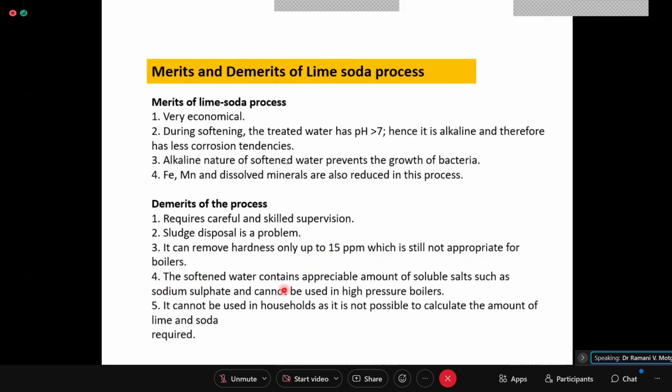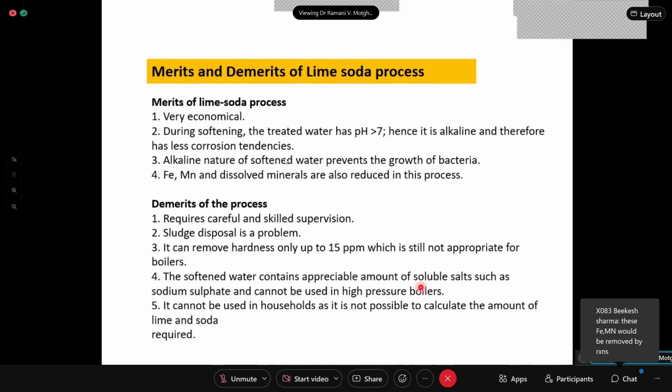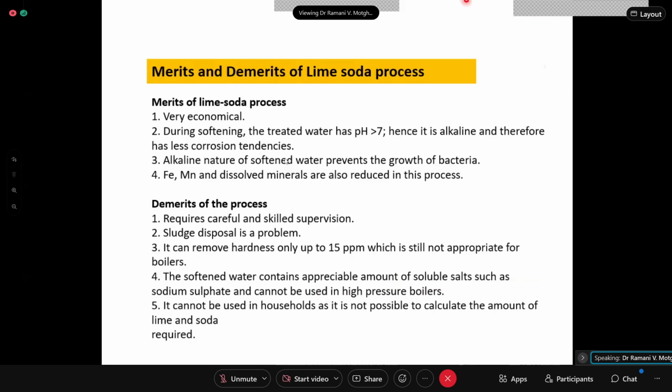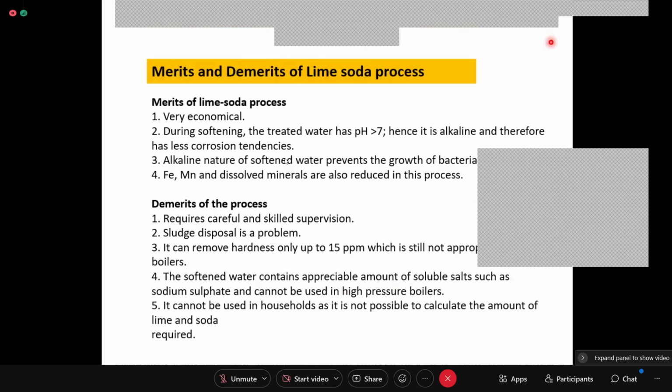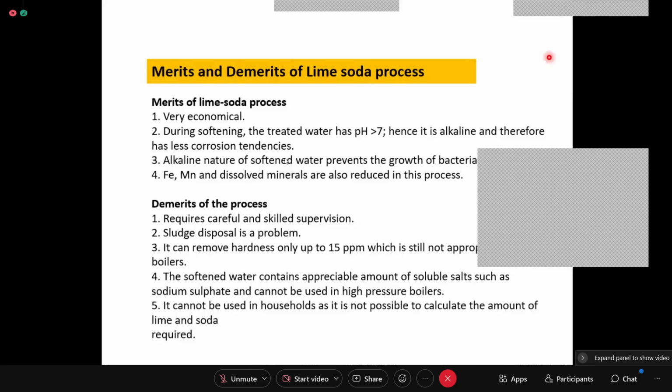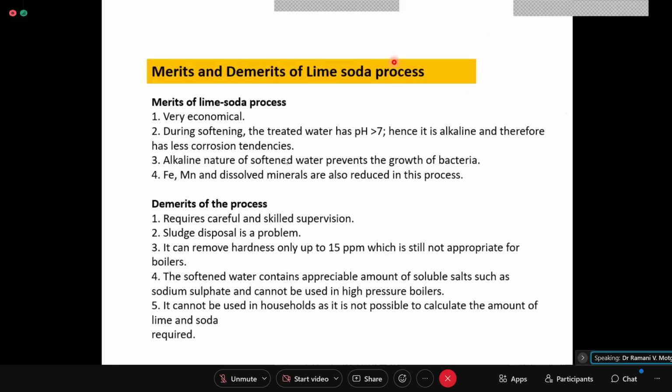The softened water contains appreciable amount of soluble salts of Fe and Mn, and these Fe and Mn would be removed by reactions. Salts of Fe and Mn are removed by lime and soda. That is the advantage, or that is the merit.